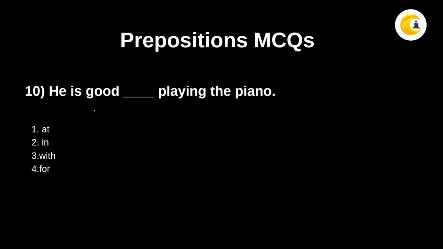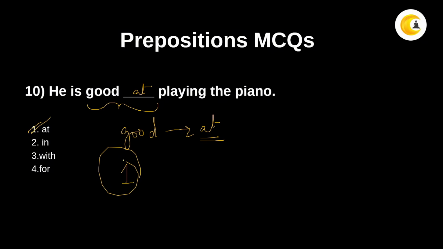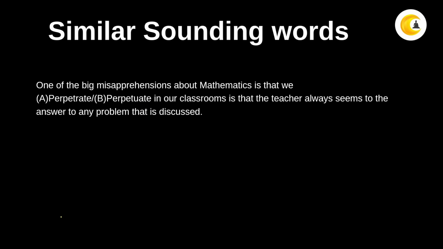So just like "keen," "good" comes with a conjoining word. What is that? "Good" comes with "at." We learned this in the last video, right? "Good" comes with "at," "weak" comes with "in," "keen" comes with "on," right? So "good at": he is good at playing piano. Your answer is option number 1. Okay, give it a try.